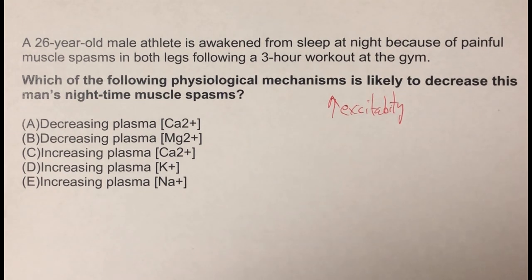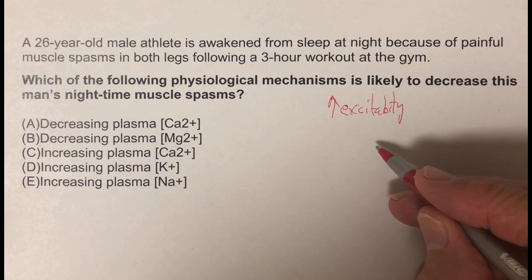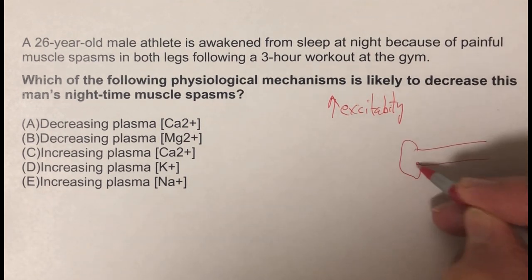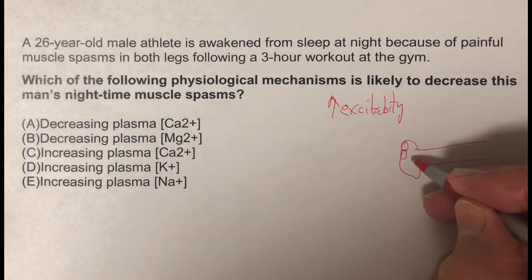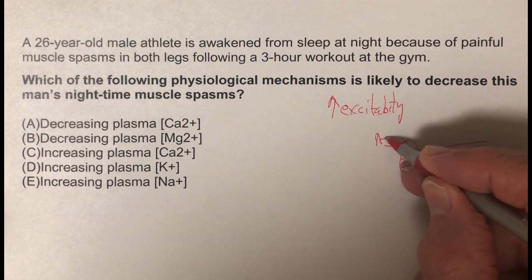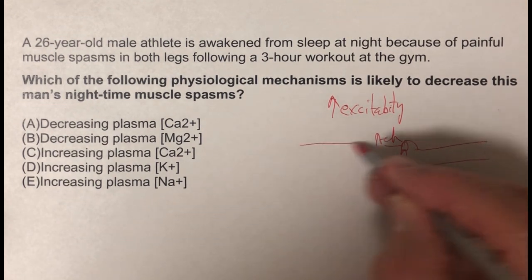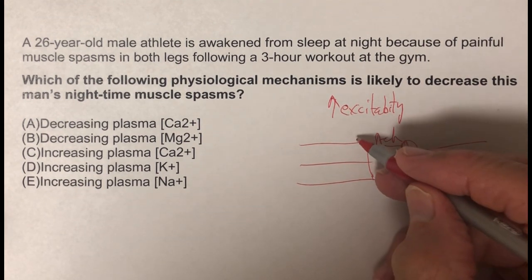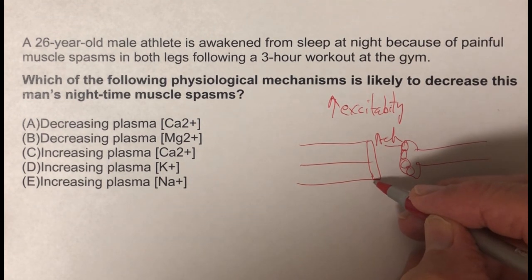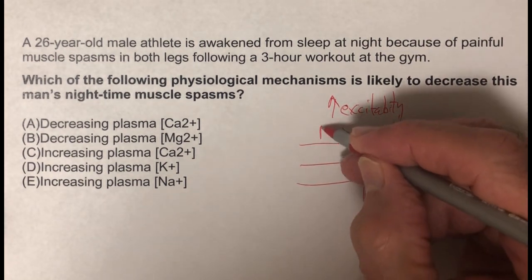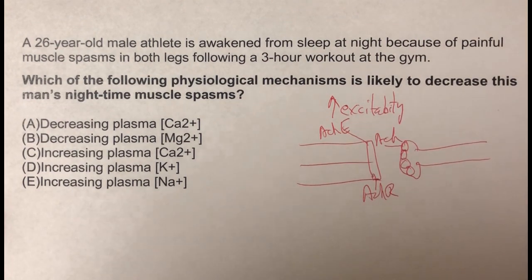Decreasing plasma calcium. So let's see what happens when we decrease plasma calcium. Here's our motor neuron. Here's our motor neuron's terminal with vesicles containing acetylcholine that are released onto the skeletal muscle with its acetylcholine receptors. And part of the acetylcholine receptor is the acetylcholinesterase that breaks down acetylcholine.